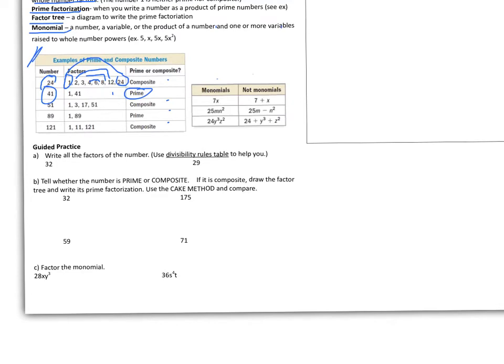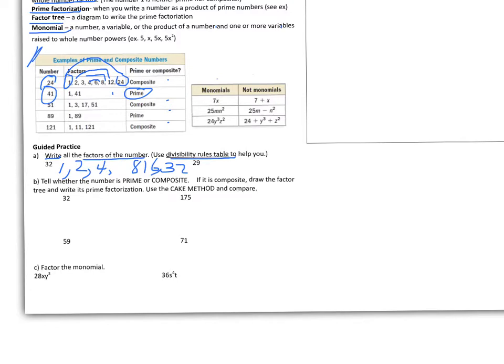Part A asks you to write all the factors of the number. I gave you a divisibility rules table in class. If you need to use it, please use it. So I would like to use a rainbow method. 1, 32, 2, 16, 4, and 8.